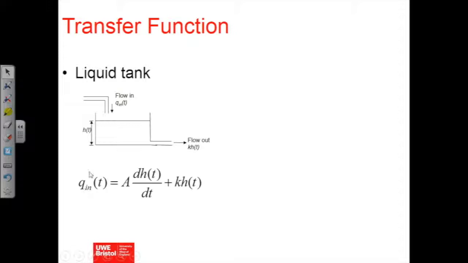Okay, Q in, that should be capital R. No, this is a time one, I'm safe for the minute. Q in equals cross-sectional area times the rate of change of depth plus some constant of proportionality times the depth of water. Yeah, you've all done that one in the first tutorial sheet.